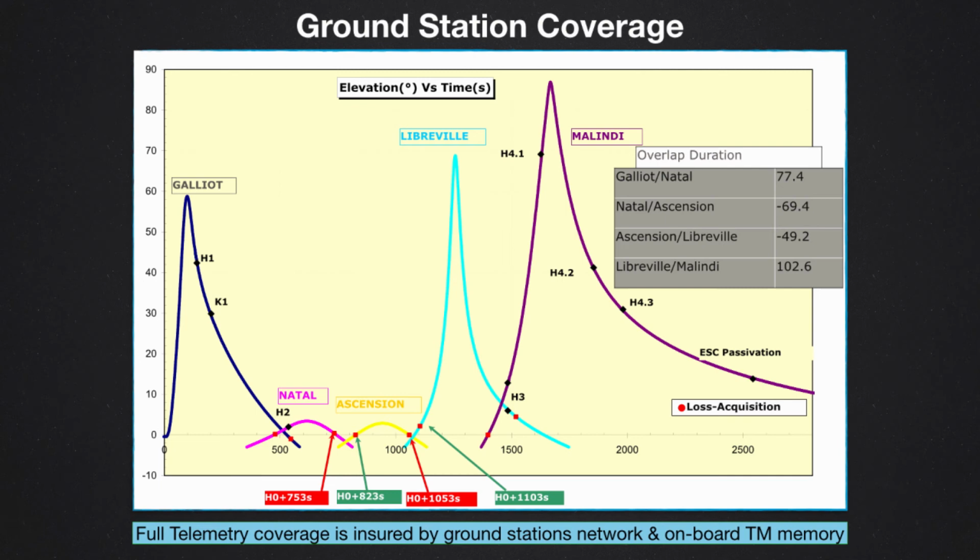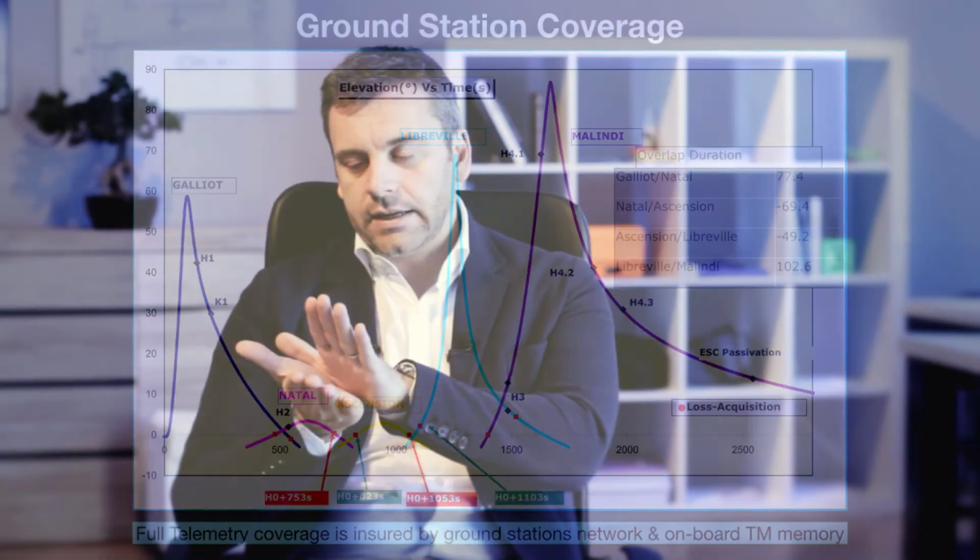I would say in ground station coverage, this gives you an idea of what is the elevation. So just to give you an idea, it is the angle between the horizon and the direction of visibility of the launcher. So basically when you have a ground station which is placed in Ascension Island, in the middle of the Atlantic Ocean, what you're gonna see is the launcher is gonna come up from the horizon, because the Earth is spherical.